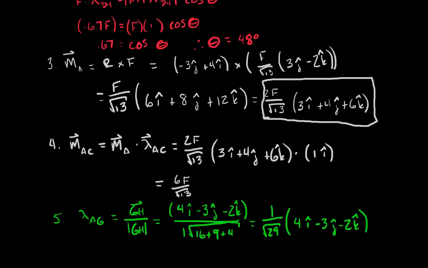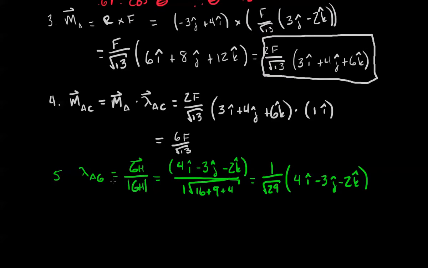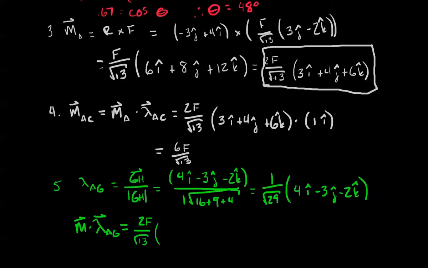Our next step is let's take the dot product of the moment. So we're going to end up with a moment dotted with the unit vector AG, and say, okay, what does that equal? We'll try and keep this all in one line if we can. 2F over square root of 13. We're pulling from right here.